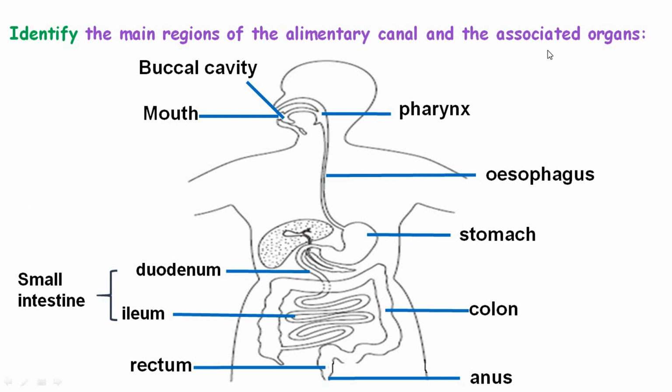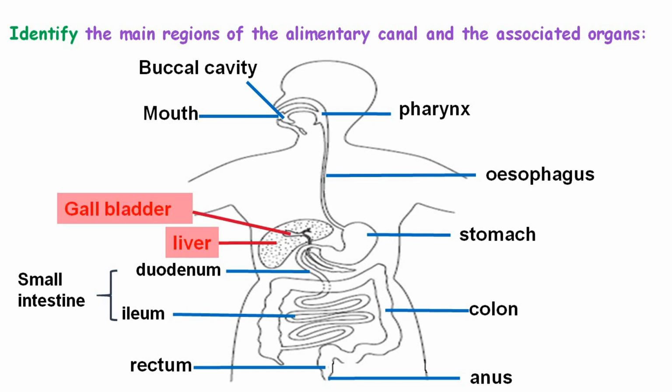Now we proceed to identify the associated organs. The liver, which is located above and in front of the stomach, is a dark red organ. The gallbladder, a small sac-like organ close to the liver.